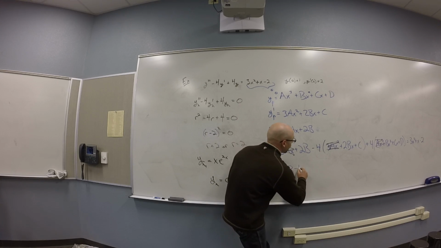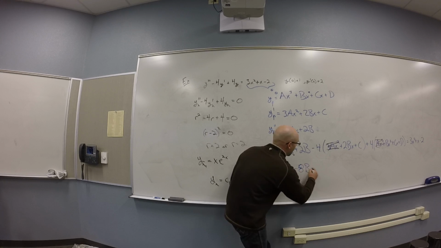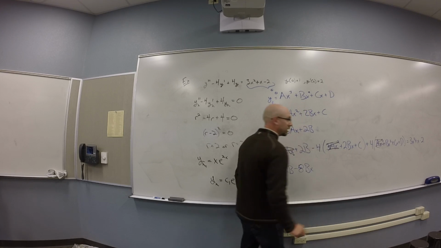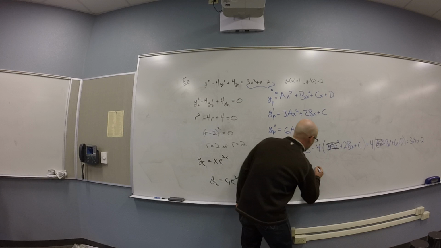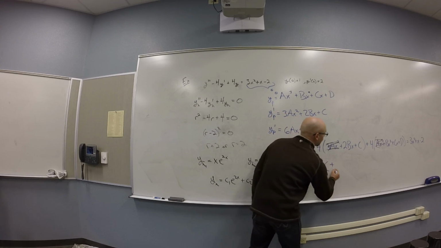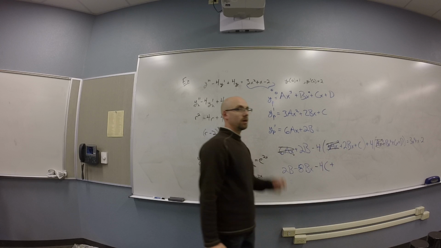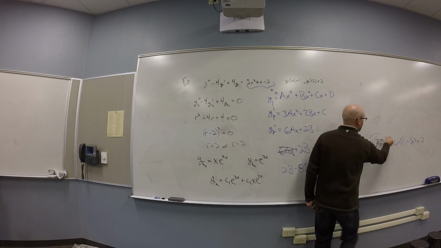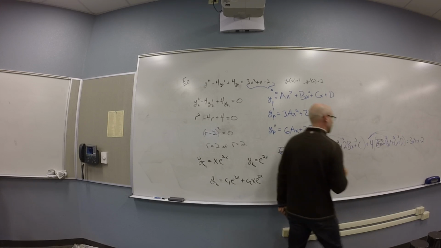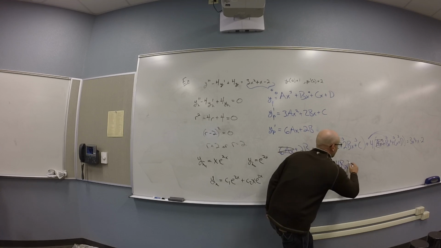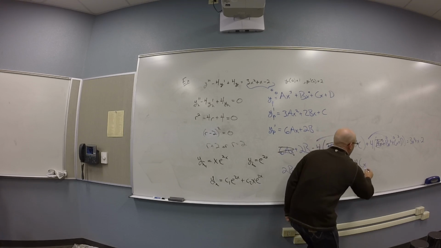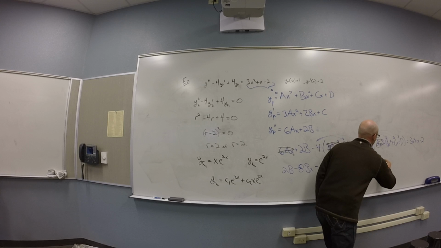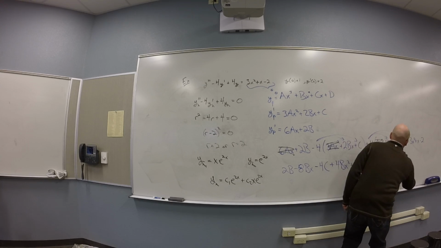So I got 2b minus 8bx, 4bx, and a minus 4c plus, what do you get in the first thing when you distribute there? 4bx squared, plus 4cx, plus 4d. And that's supposed to equal 3x squared plus x minus 2.